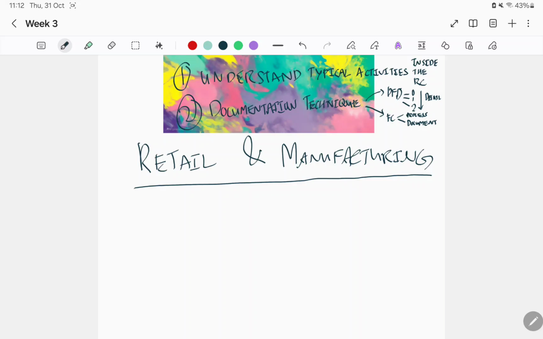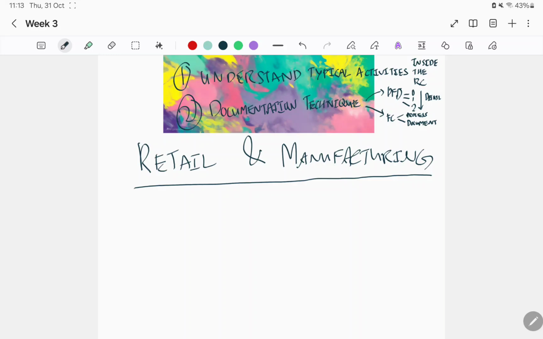Based on what I experienced, very little experience for a retail business, that's why I say we need some imagination. If you observe some retail businesses, like a mini market or a shop, what they do when they do sales.